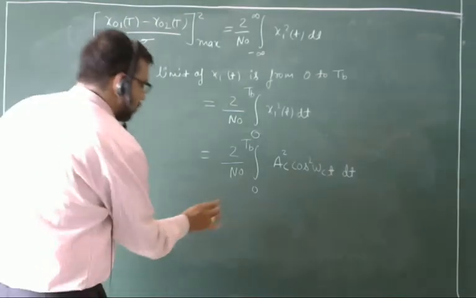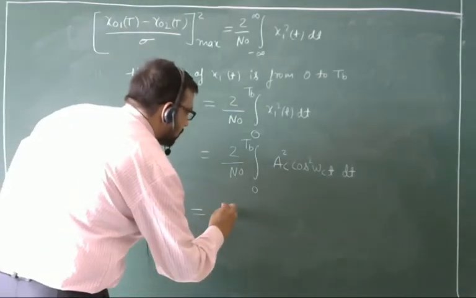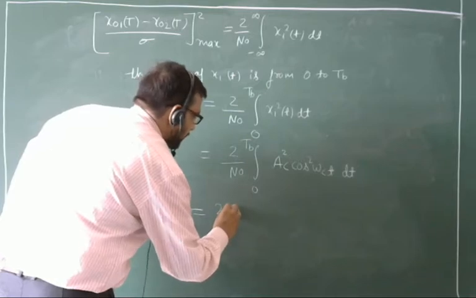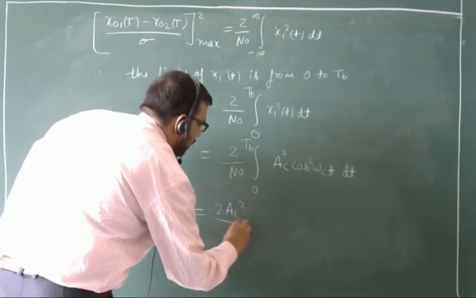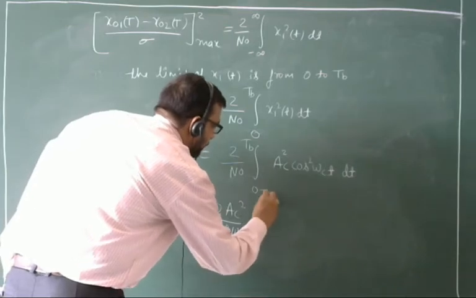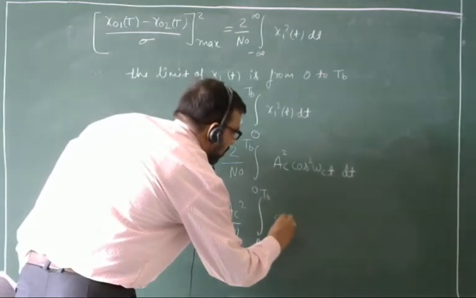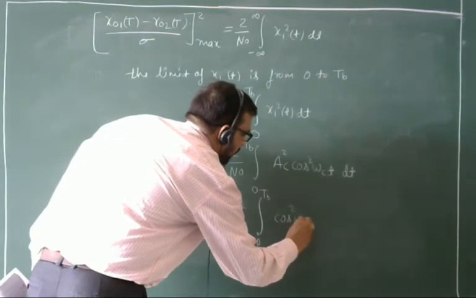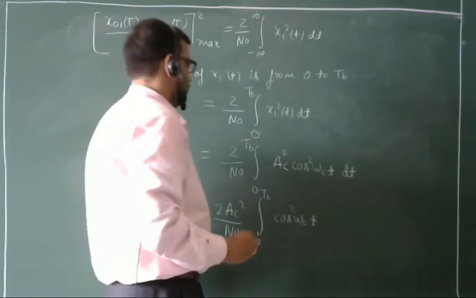Now take A C square outside from the integration: 2 A C square upon N naught times the integral from 0 to Tb of cos square omega c t.